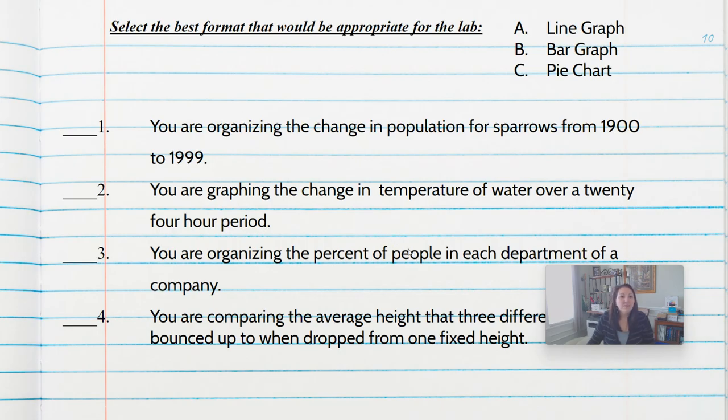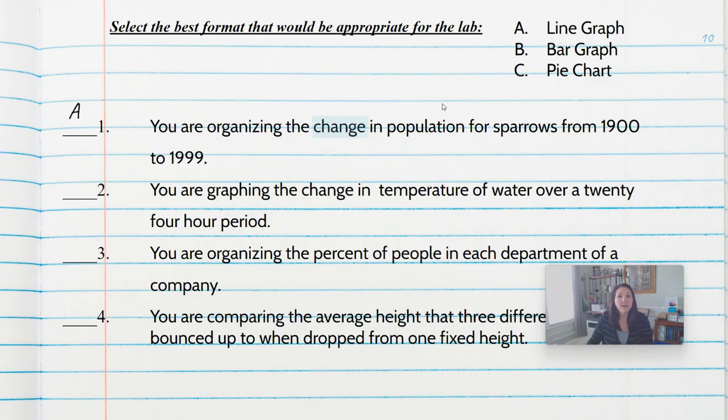All right, number 1, you are organizing the change in population for sparrows from 1900 to 1999. Notice right away there's a time involved, so this will be a line graph. Number 2, you are graphing the change in temperature of water over a 24-hour period. Again, this is change.